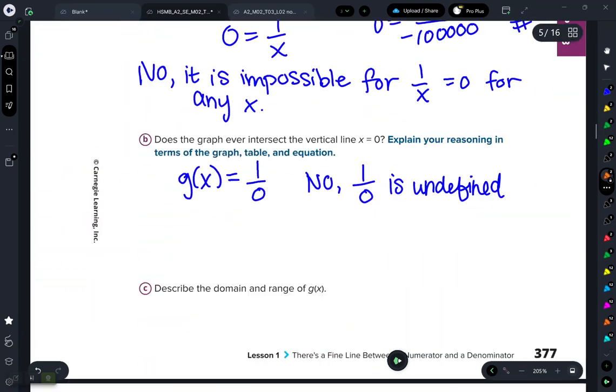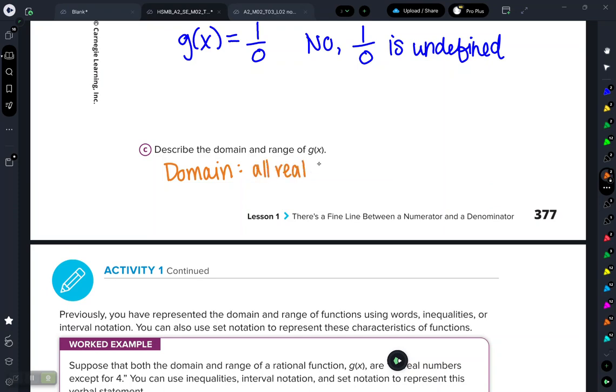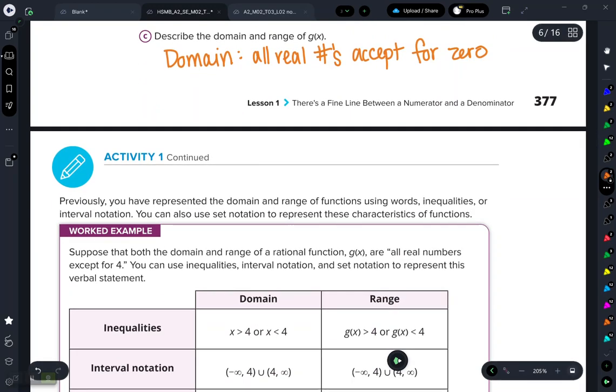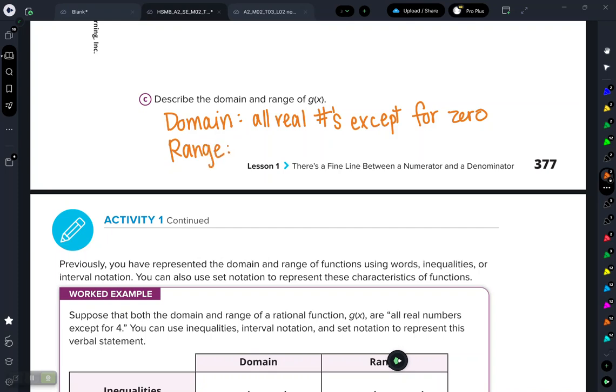So for C, the domain, how do you describe everything but 0? You can literally say all real numbers except for 0. And then the range is your output, your set of all your outputs.